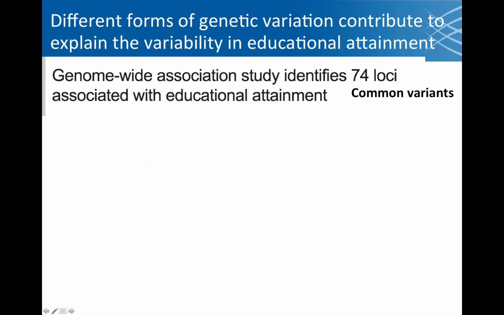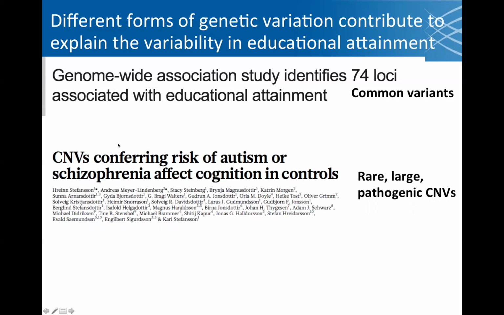We took common variants from a recently published genome-wide association study, which included more than 500,000 individuals. They looked at educational attainment and identified 74 loci associated with it. We then took other CNVs which have been associated with cognition and educational attainment in controls.